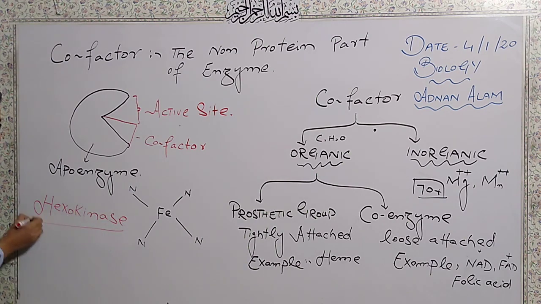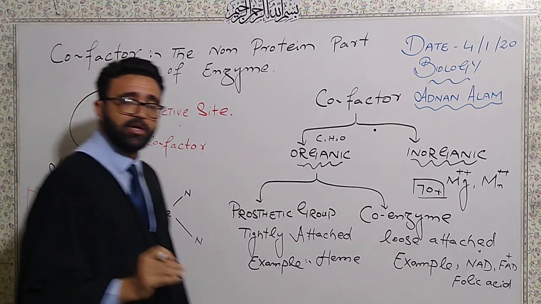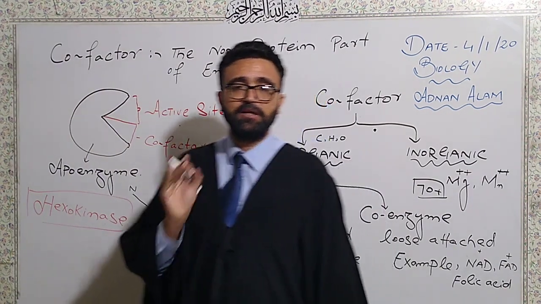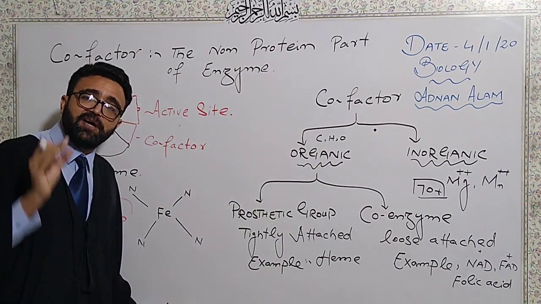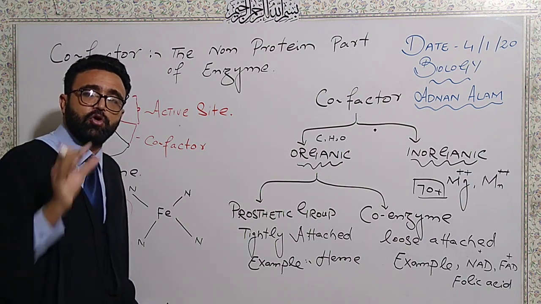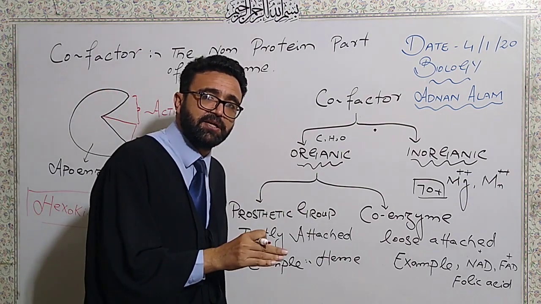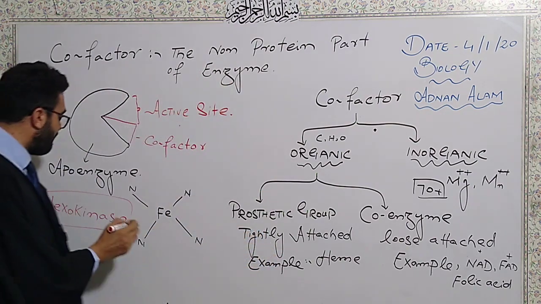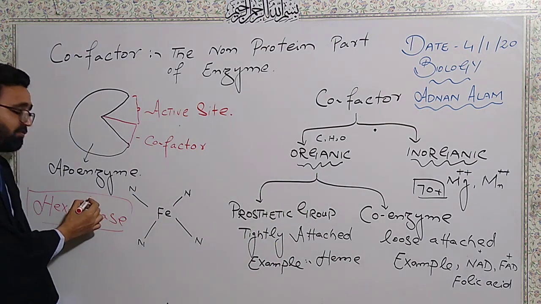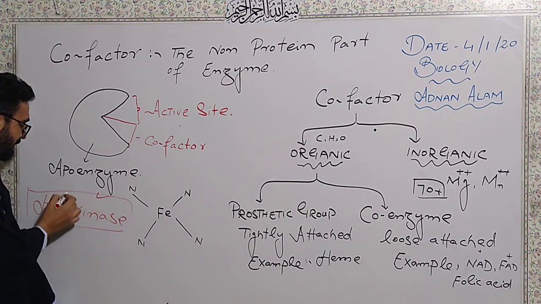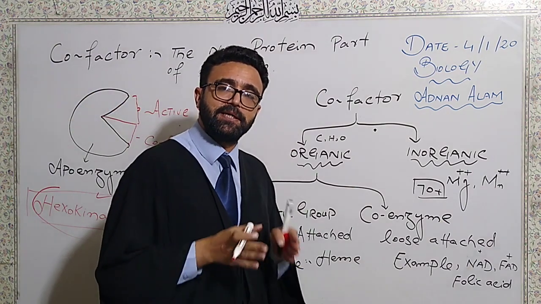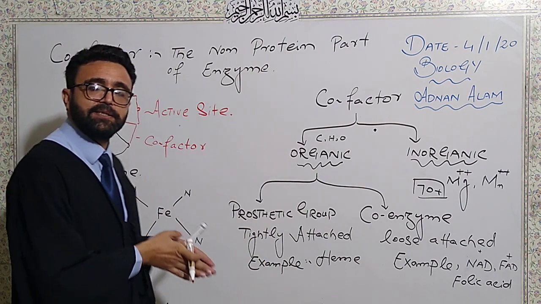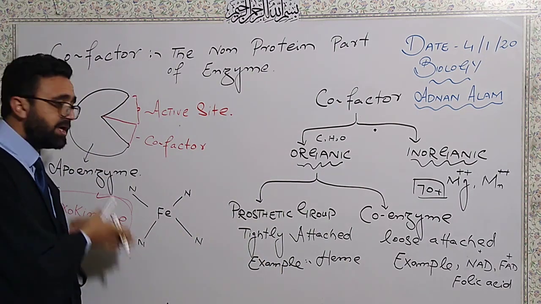Inshallah, when we explain chapter 7, respiration, the first step is glycolysis, and in glycolysis, the first reaction is the conversion of glucose into glucose 6-phosphate. For this catalysis, we need the hexokinase enzyme. Hexokinase is the enzyme which catalyzes that particular reaction.